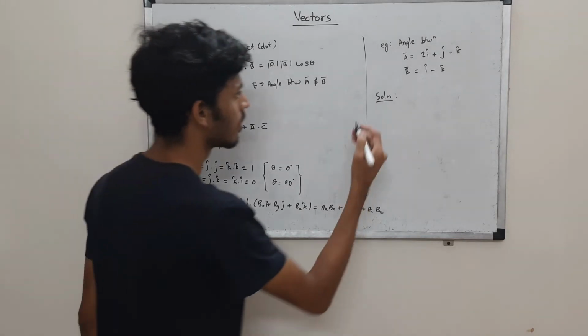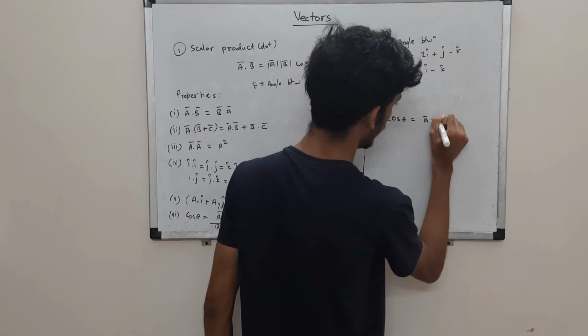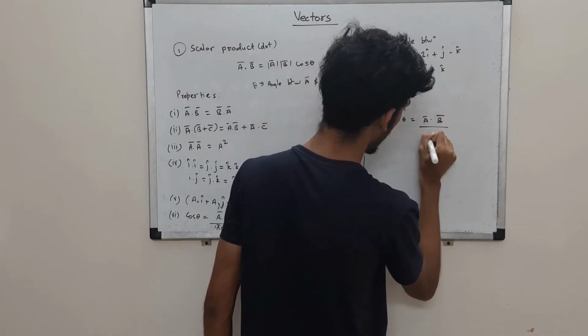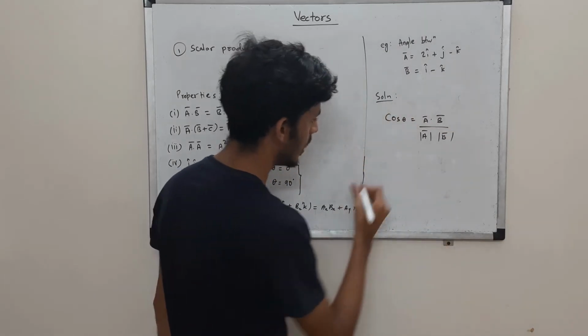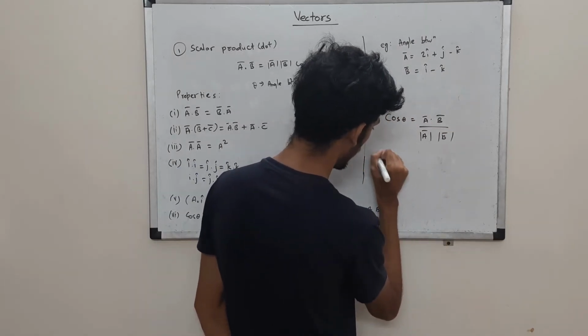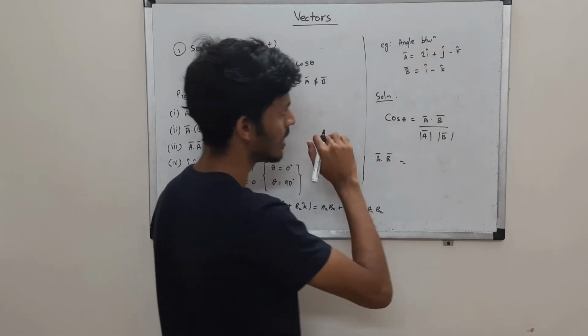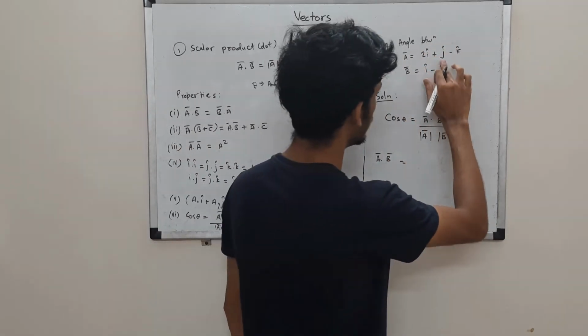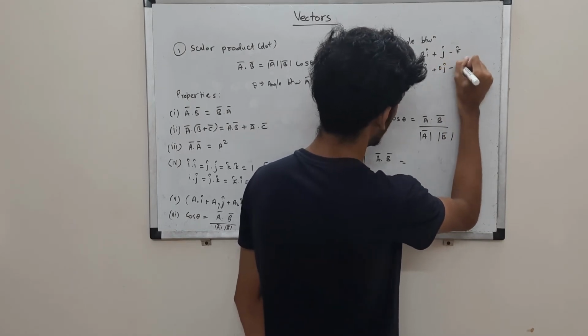First of all, cos theta will be given as a dot b upon magnitude of a and magnitude of b. Let us find a dot b first. It will be ax bx, ay by, az bz. Here the y component is 0, so it is plus 0 j cap minus k cap.